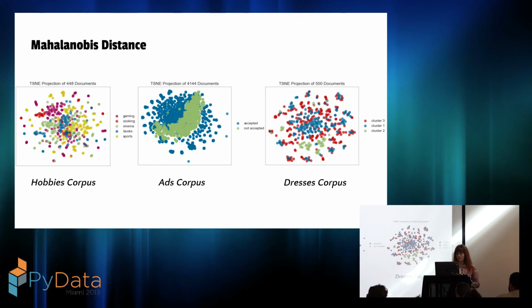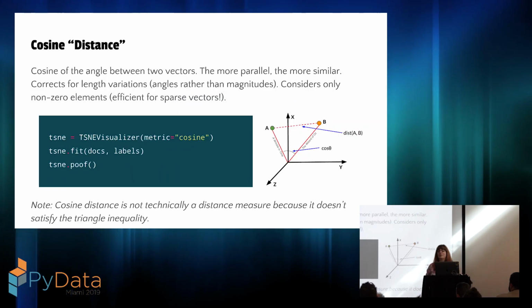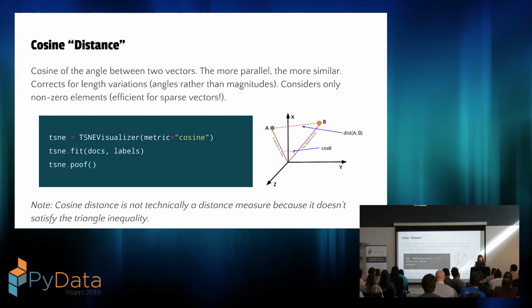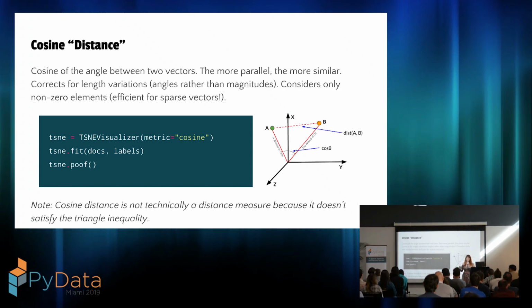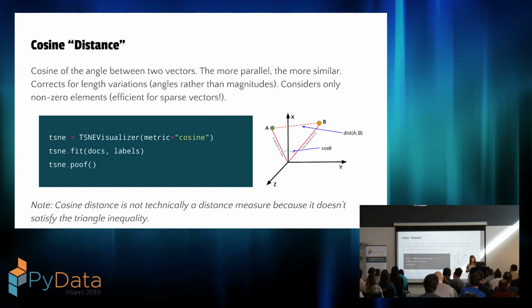the other distance measures. So hopefully you're starting to see that it's pretty cheap to run a line or two and test out different distance measures.